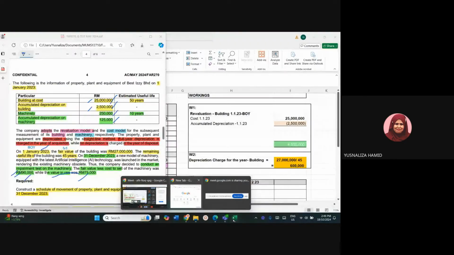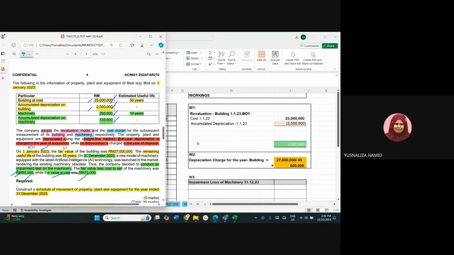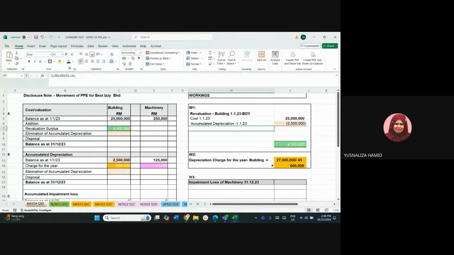All right. Next, you can now find your carrying amount at the beginning of the year. There is no working needed for this. Your carrying amount as at that date would be 22.5 million.